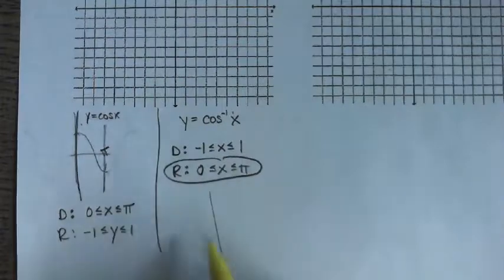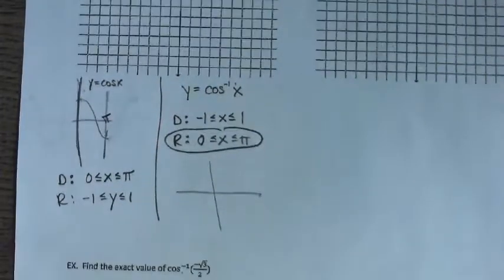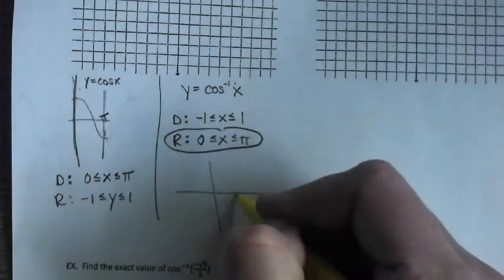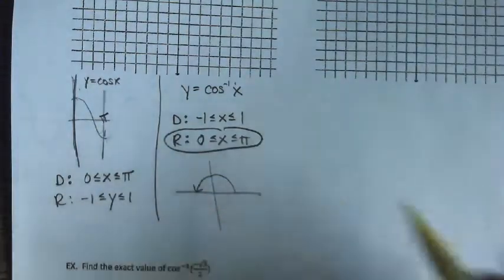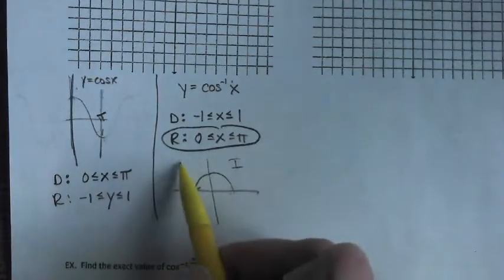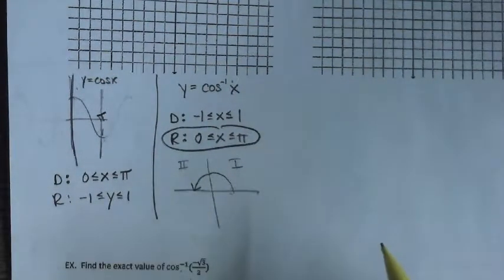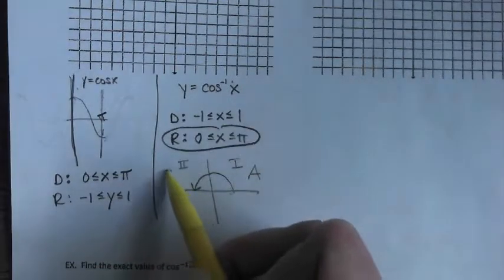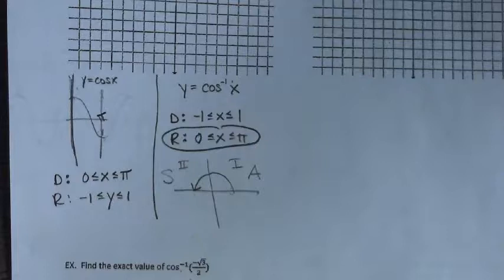So what quadrants are those? 1 and 2. So anytime you're asked for an inverse cosine, you have to tell the angle that's either in quadrant 1 or quadrant 2. One of which has a positive cosine, one of which has a negative cosine. So you're covered.